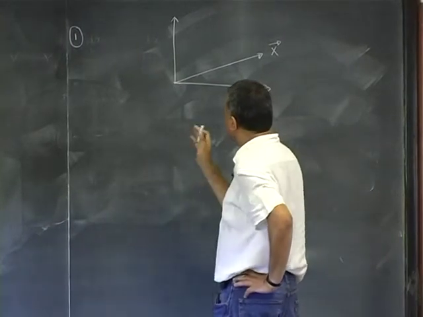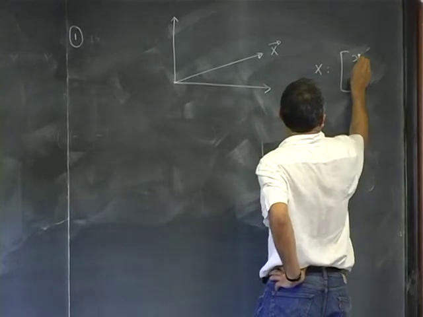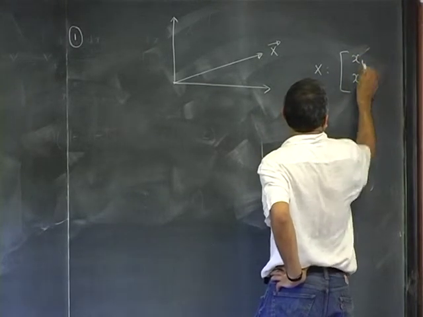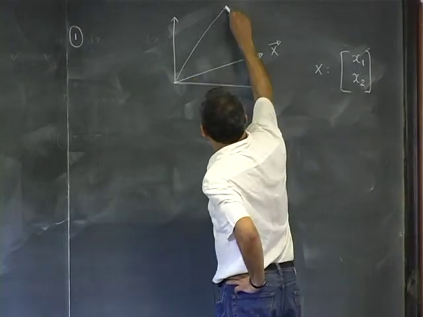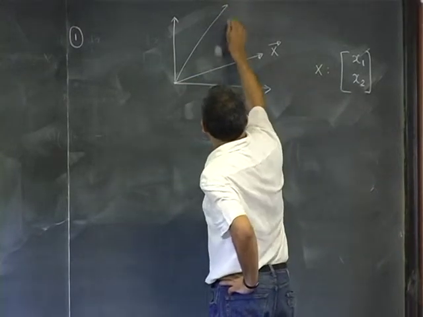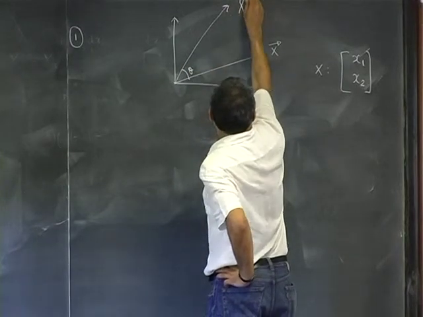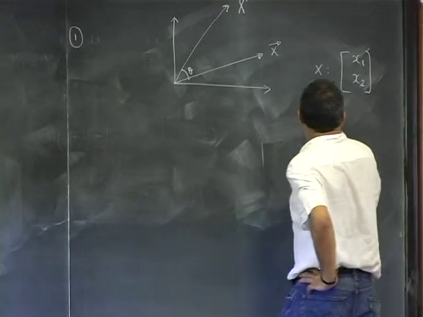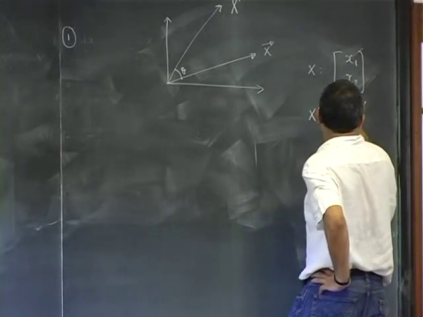So you make an orthogonal transformation. I have a vector x, which I'll denote by these two components, let's say x1 and x2. Suppose I rotate this vector by an angle, and I go to x prime. This x prime vector has elements x1 prime, x2 prime.